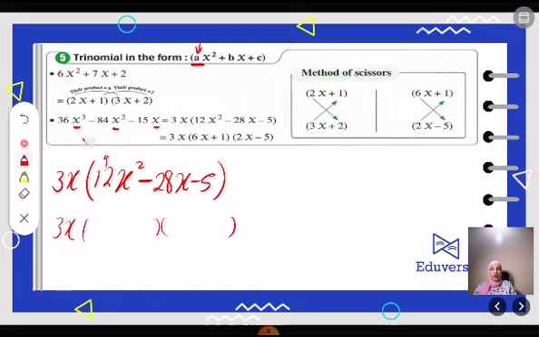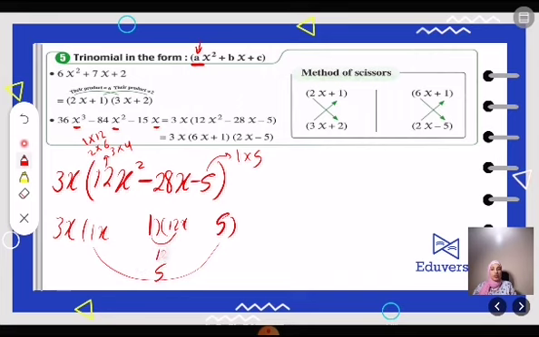The next step, 3x, and then open the two brackets. 12 can be 1 multiply 12, 2 multiply 6, and 3 multiply 4. What about 5? 5 is a prime number, it's only 1 times 5. So I can just start by putting it here, 1 multiply 5. And then I will switch these numbers. So 12 can be, let's try 1x multiply 12x. 1 multiply 5 is 5, 1 multiply 12 is 12x.